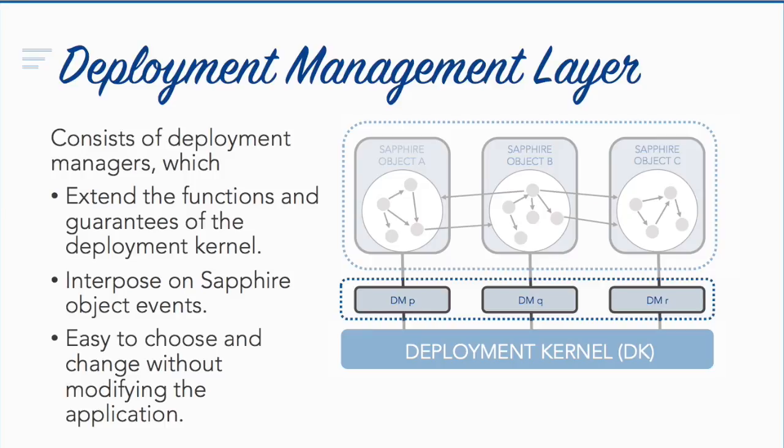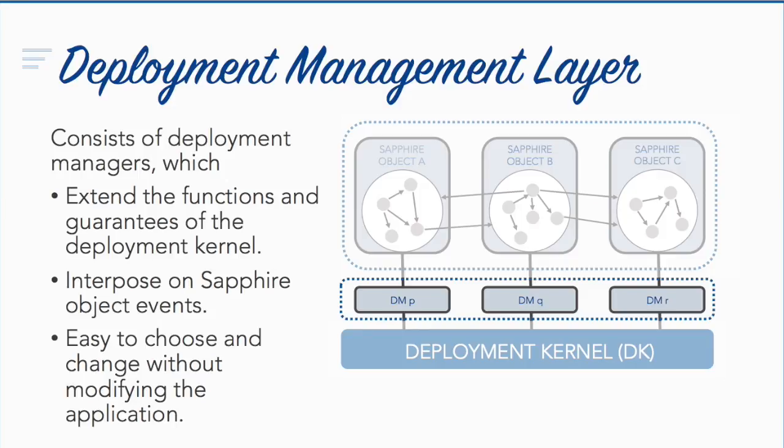So the deployment management layer consists of the deployment managers. These can customize and control the behavior of the individual Sapphire objects in the distributed mobile cloud environment, namely the objects that they are assigned to. There is direct support for the deployment managers through the deployment API that we will talk about a little later.